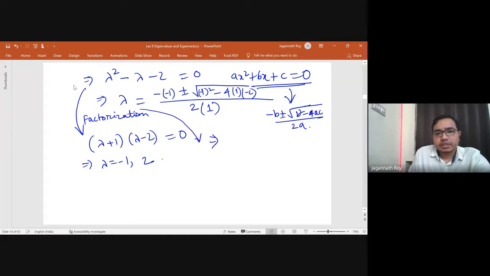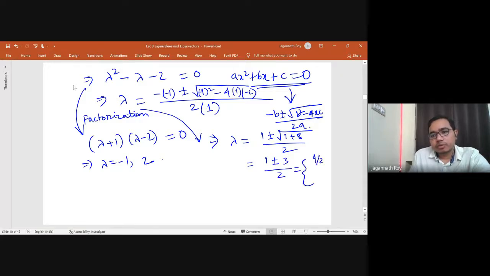So here lambda equals 1 plus minus, so 1 plus 8 divided by 2. You will get 1 plus minus 3 by 2, or you can write just 4 by 2 and here it is minus 2 by 2.